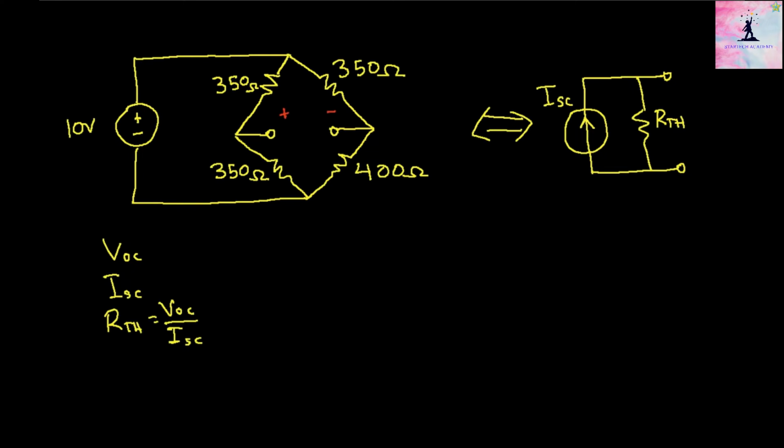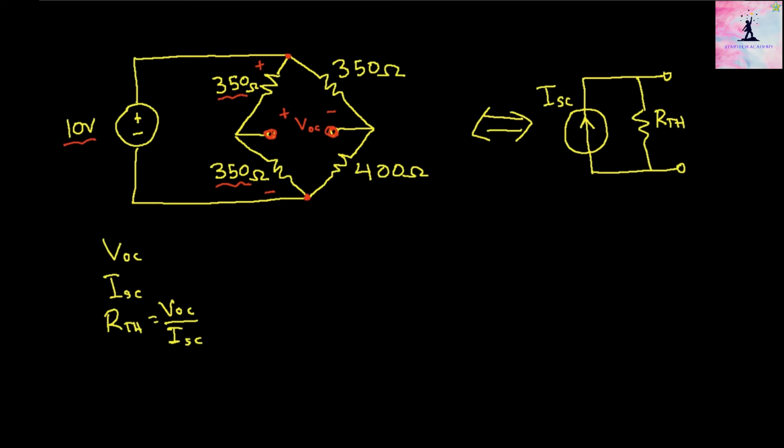We are finding the Norton equivalent with respect to these two terminals. So the first thing we need to do is find the open circuit voltage across these two terminals. How do we do that? You'll notice that we have 10 volts from here to here, and with the circuit between the terminals open, this 350 ohm resistor and this 350 ohm resistor are in series.